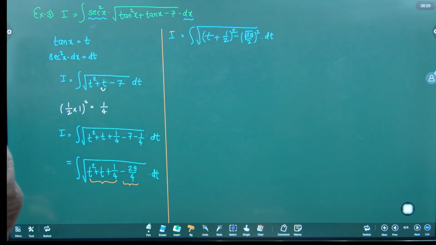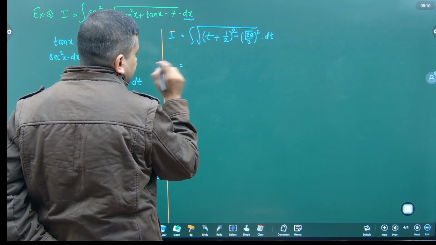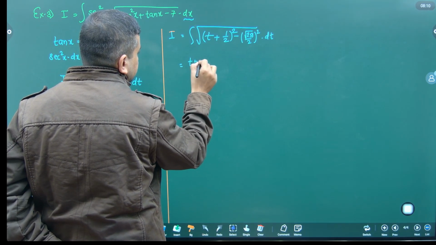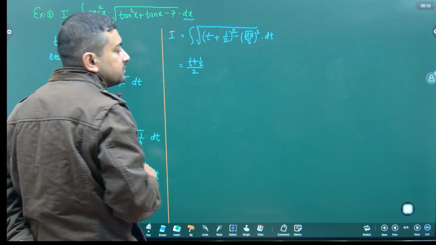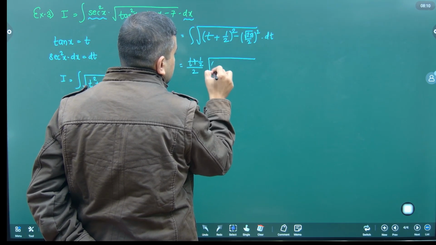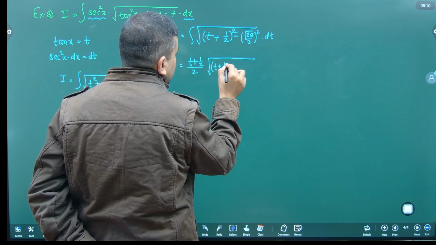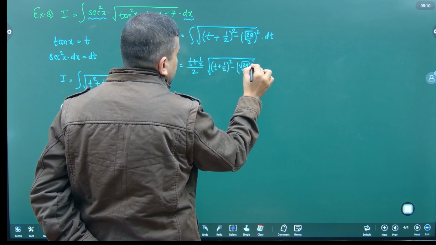So this becomes which form? Under root x square plus a square, correct? So what is the formula? X by 2, correct? X by 2. Please see carefully. X by 2 under root, this term as it is. So it is t plus 1 by 2 bracket square minus root 29 by 2 bracket square, correct?